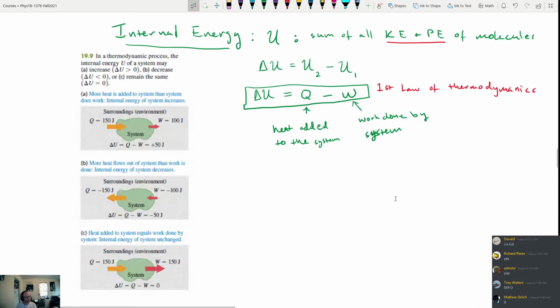So now we get down to internal energy. The question would be, if Q depends on the path taken and W depends on the path taken, what about the change in internal energy?